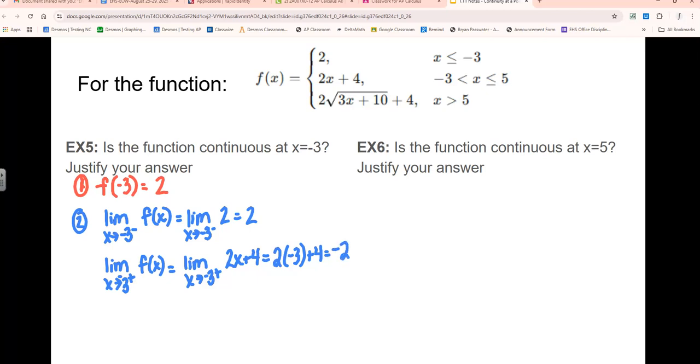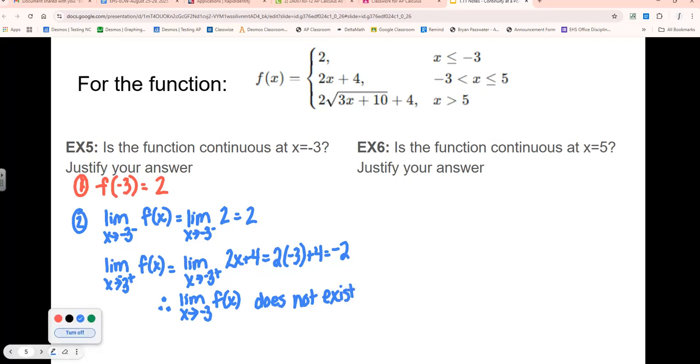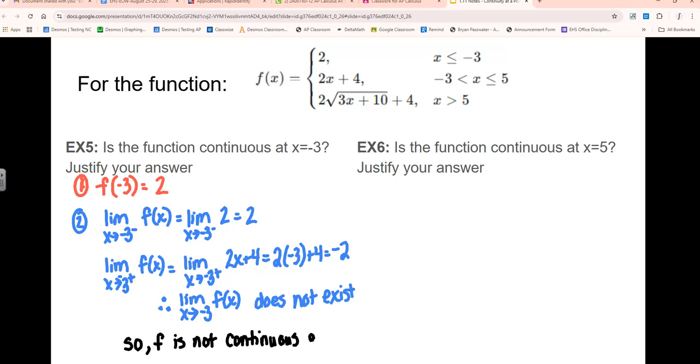So my limit from the left and my limit from the right do not equal each other here. So I can say now the limit as x approaches -3 of f of x does not exist. So f is not continuous at x equals -3.